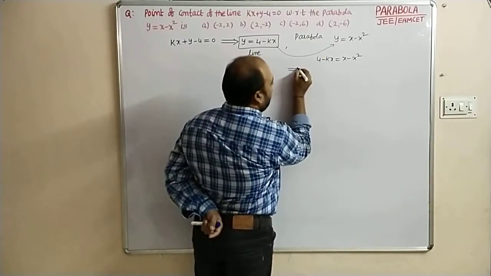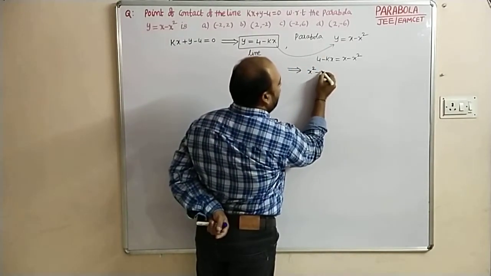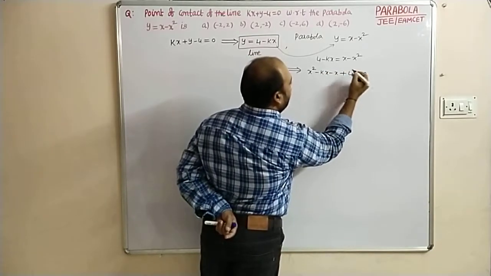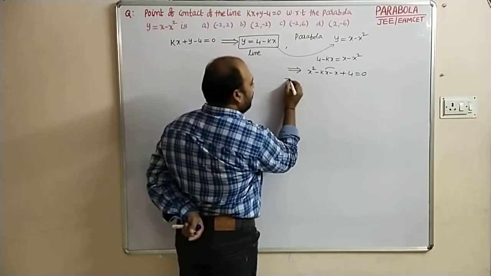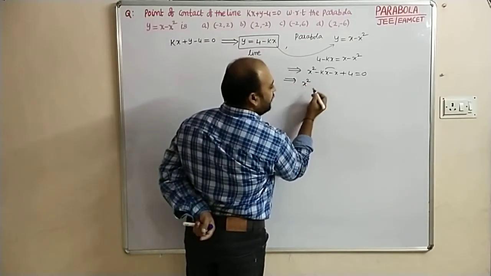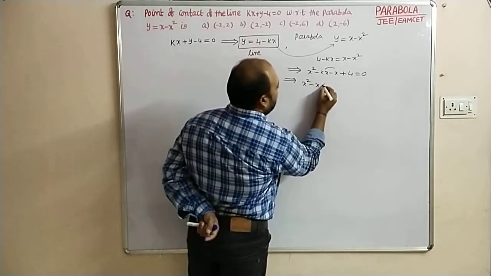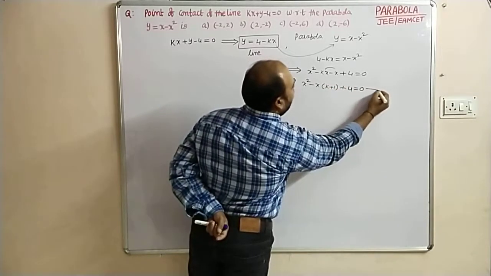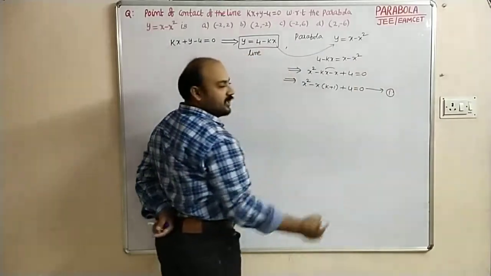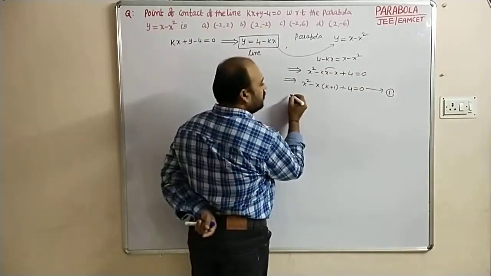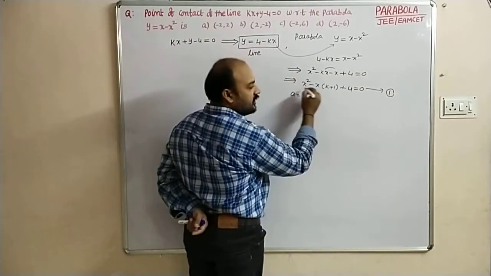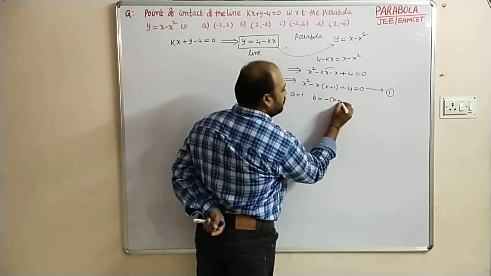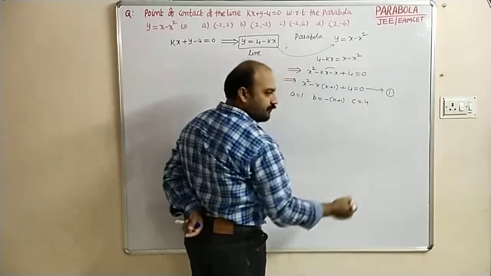Making it into quadratic equation form: x square minus kx minus x plus 4 equal to 0. From these two take common minus x. So x square minus x into (k plus 1) plus 4 equal to 0. Equation number 1 you can take. It is a quadratic equation, and comparing with ax square plus bx plus c, a value is 1, b value is minus of (k plus 1) and c value is 4.